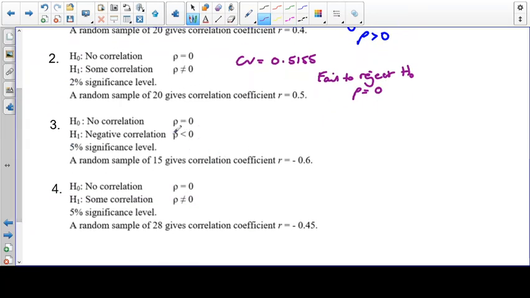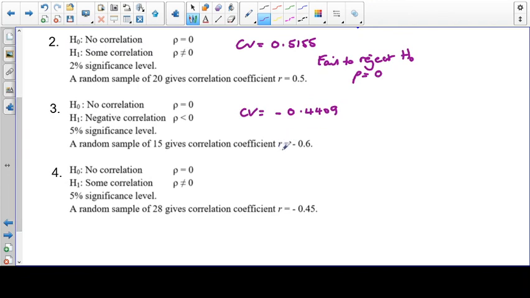Third one, one-tailed, 5% significance level. You should have a critical value that is negative 0.4409. The sample is stronger correlation than the critical value, so you can reject H0 and say that rho is less than 0.